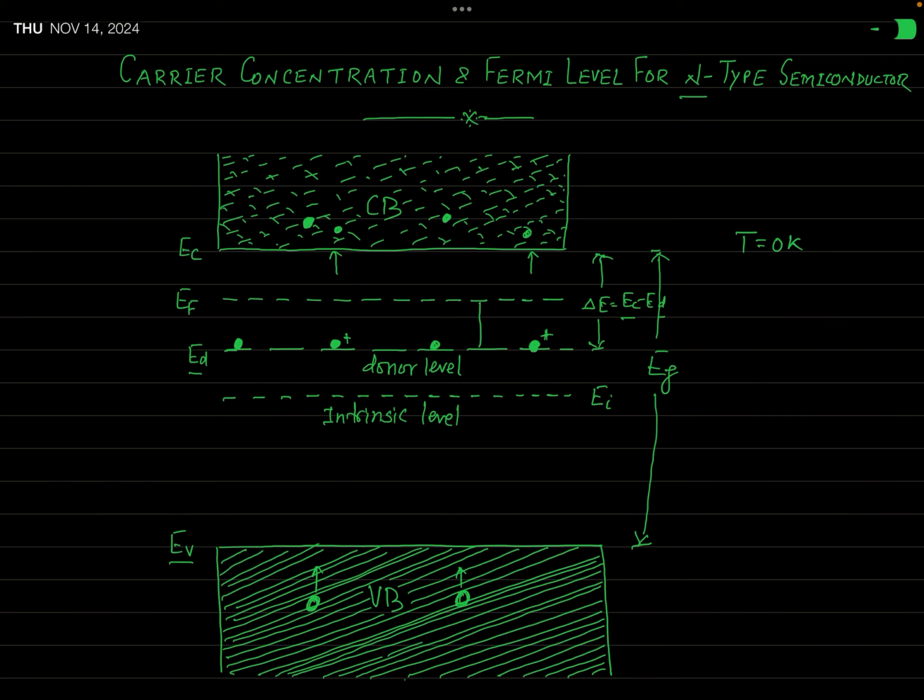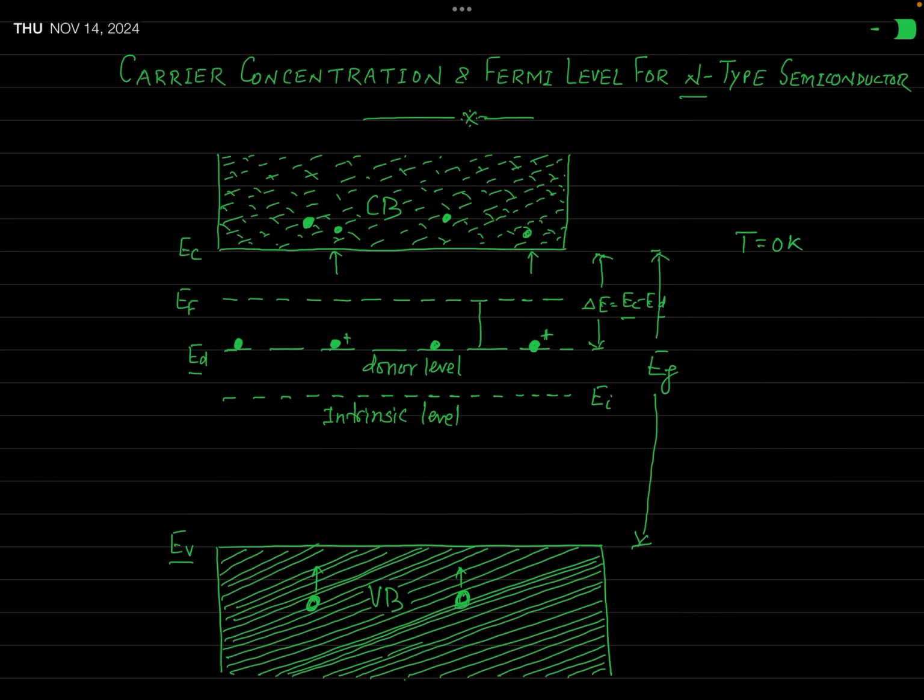Okay, so you can see that the number of electrons in the conduction band will be much greater than the number of holes in the valence band, because due to a small rise in temperature, the probability of breaking of a covalent bond in the valence band is very little, but this extra fifth electron easily moves to the conduction band.